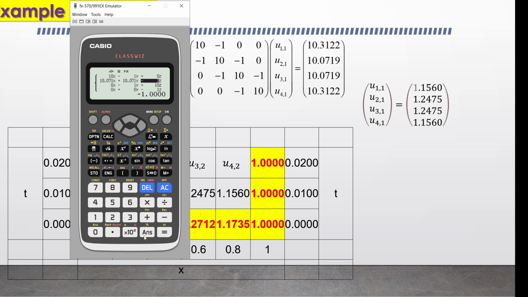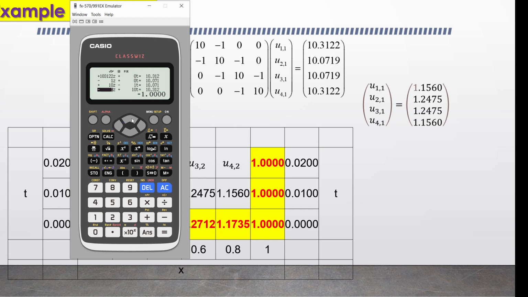Oh yeah, I changed to the wrong place, sorry. 10.3122. Then this is 10.0719, 10.0719. Enter. This is 10.3122.